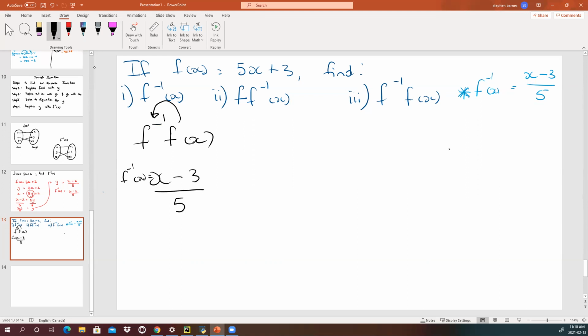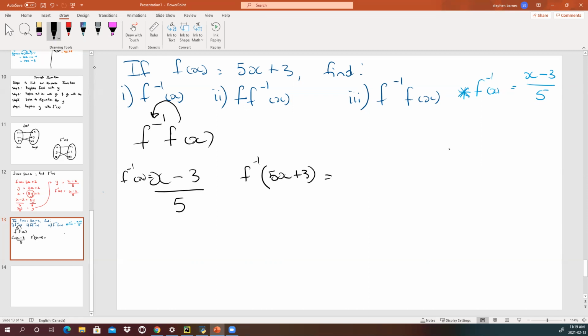And we're putting the f function into that inverse, and the f function is 5x plus 3. So this literally is the f function into the f inverse.